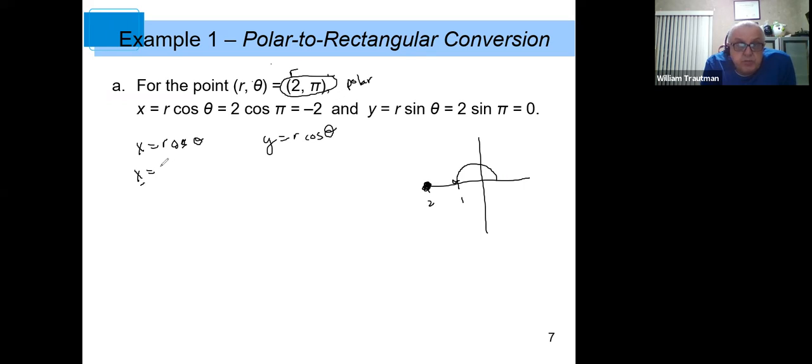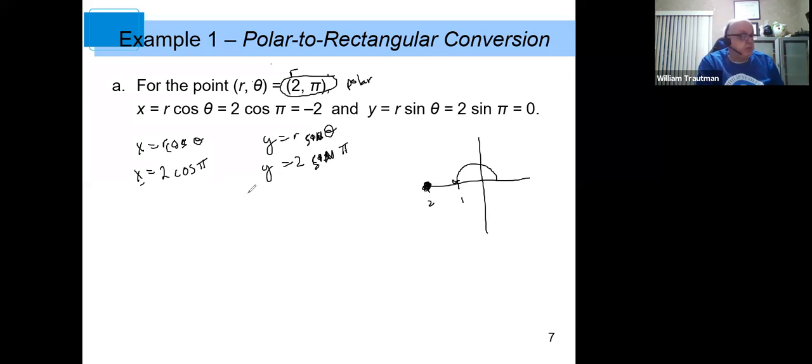This is r. And cosine theta, theta is pi. R is 2 cosine. Oh, sorry, this is sine. It's always good to have those formulas in front of you. R sine of pi.